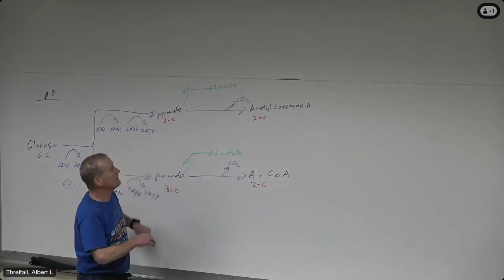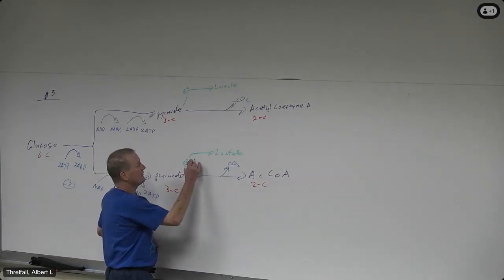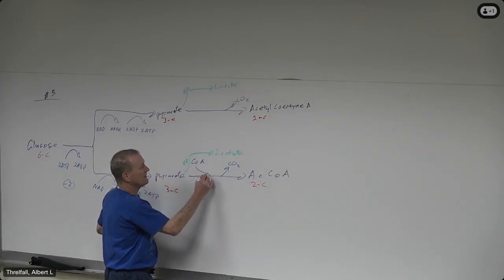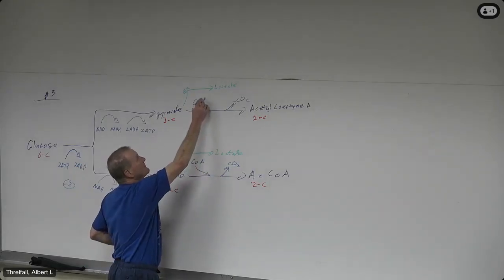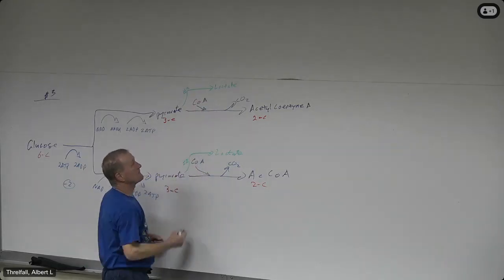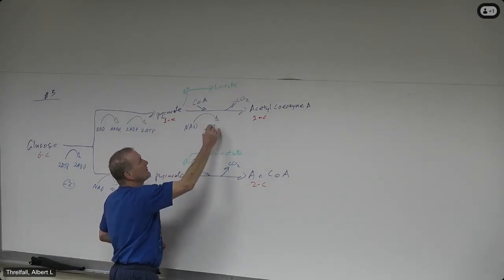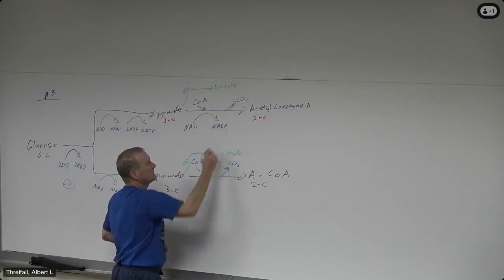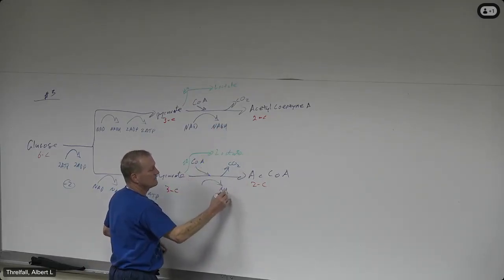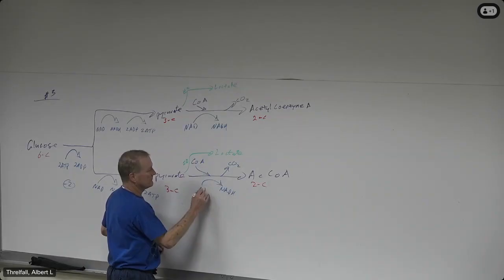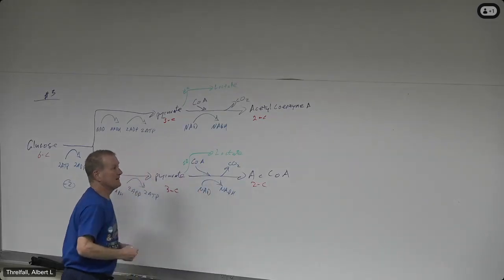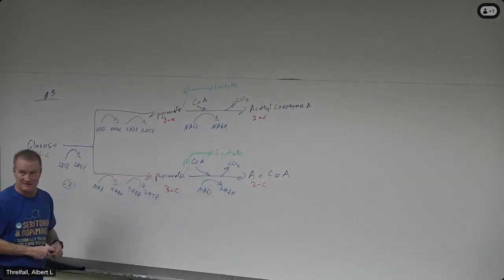So acetyl goes in, or rather, CoA goes in as a substrate. A molecule of NAD is reduced. And that completes the transition reaction.